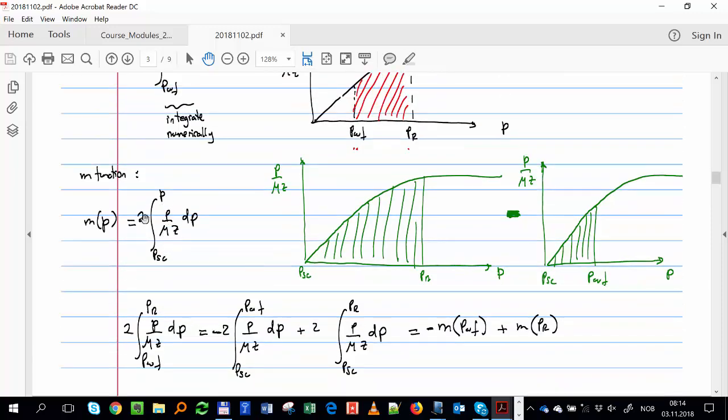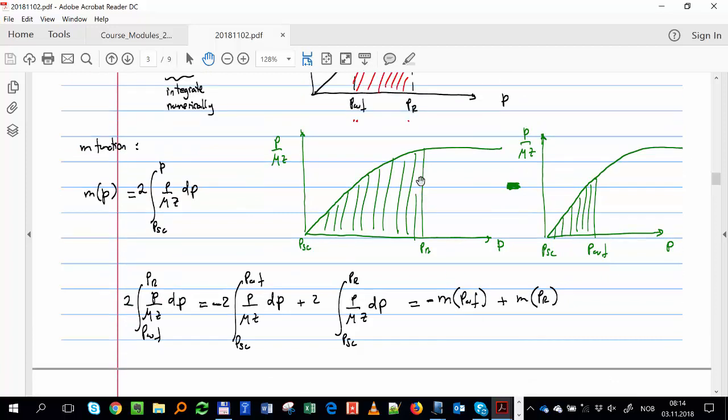So the way we do it, we define an M function, which is an integral from a reference pressure, which in that case is surface conditions, all the way here, the area under the curve, and then we subtract another integral to the lower bound of the integral. So you have the difference. The integral from PWF to PR will be the difference of these two M functions.